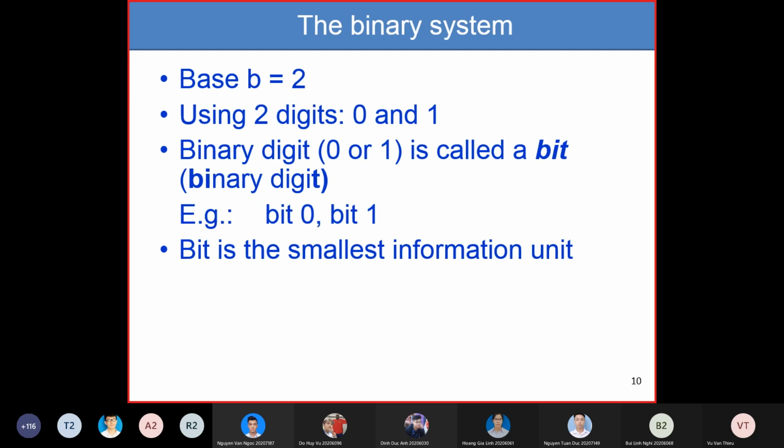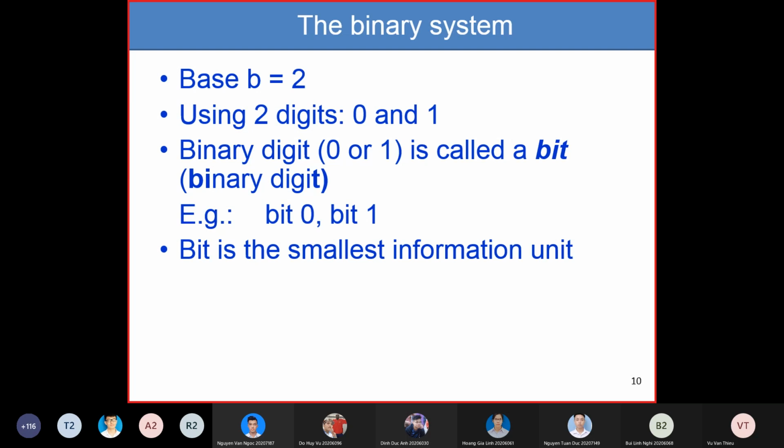Especially in the binary system, we use the base b equal to 2, and we use two digits consisting of 0 and 1.